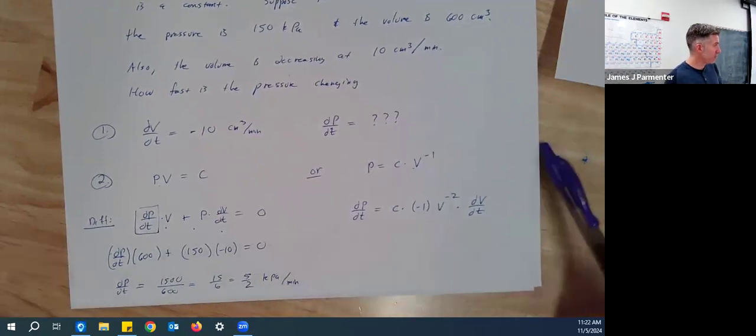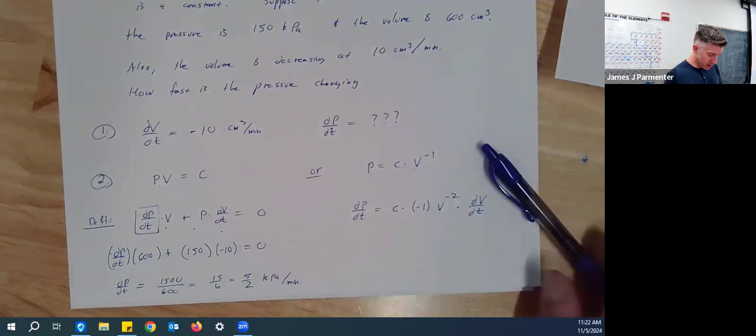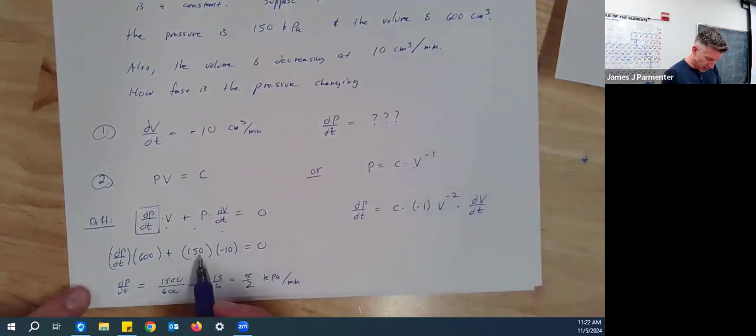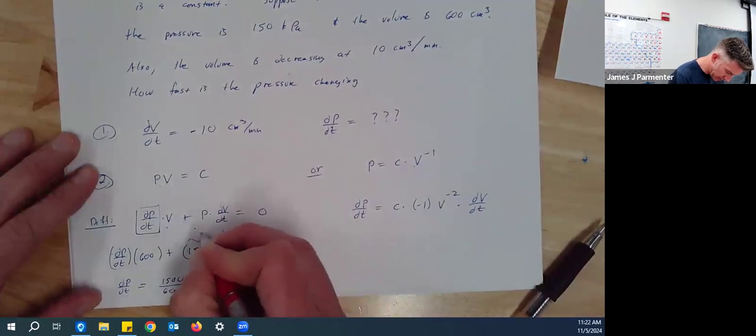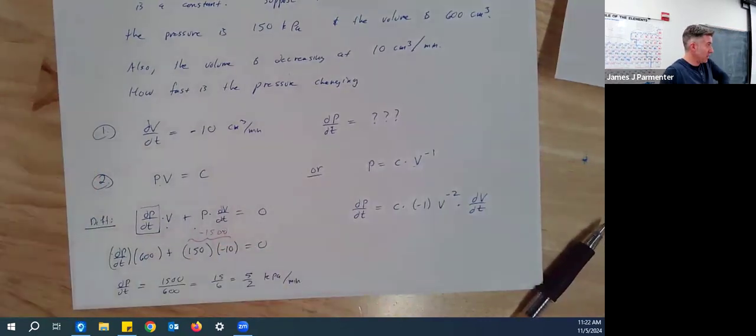Why isn't it negative? Good question. It's not negative here because this here is a negative 1500, and so when I added it over to the other side, it was positive 1500. But this is why it was really good that we did the common sense check before.